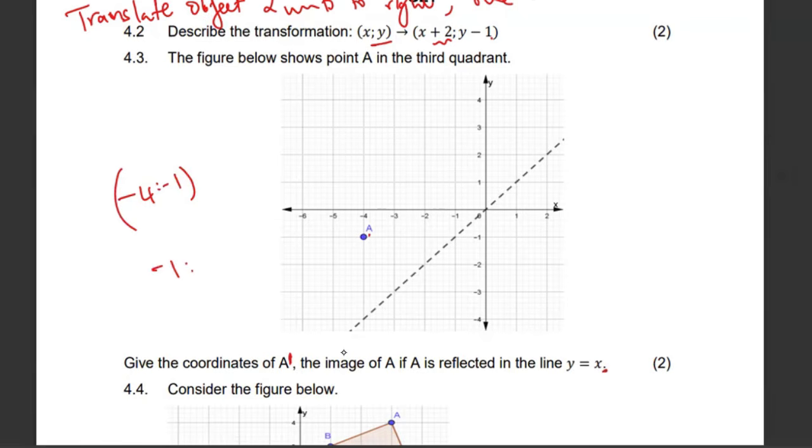So that's -1 and -4, which is here. Alternatively, count how many blocks. So it's 1.5. So this is a half, and then that is 1. So that is A prime. Oh, they want the coordinates. Sorry. So the coordinates are -1 and -4.